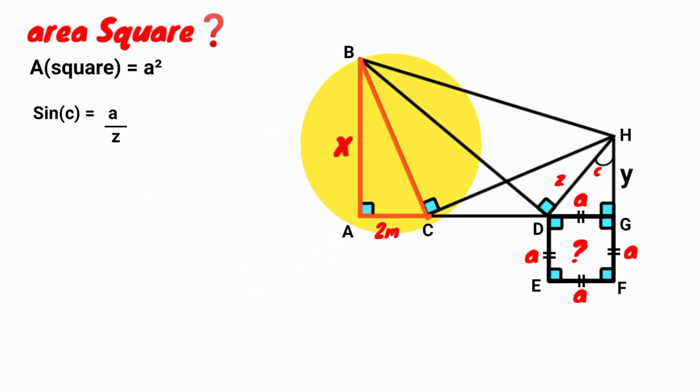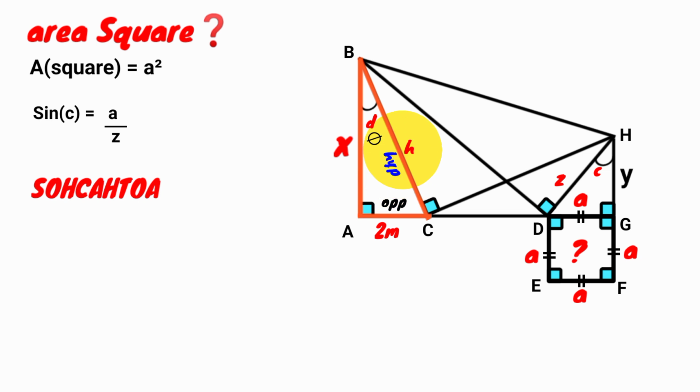Come to this triangle ABC. It is also a right angle triangle. So we assume the length of this side to be H, and let this angle be D. If we also use SOHCAHTOA on it, taking this angle as theta, this is the opposite and this is the hypotenuse. We know sin theta equal to opposite over hypotenuse.